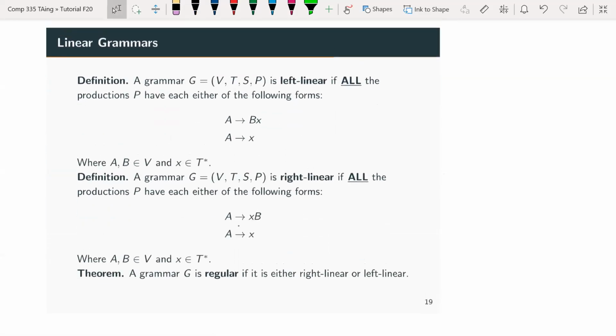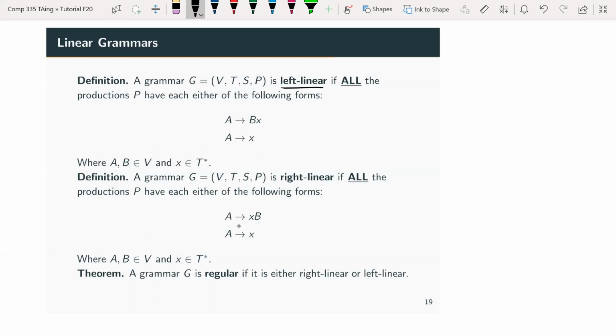The next concept that I want to make you familiar with is the idea of linear grammars. There are two types of linear grammars that are of importance. The first one is grammars G which are left linear.